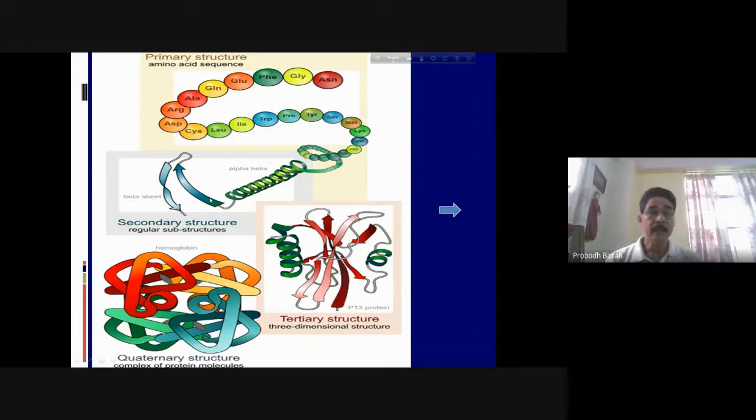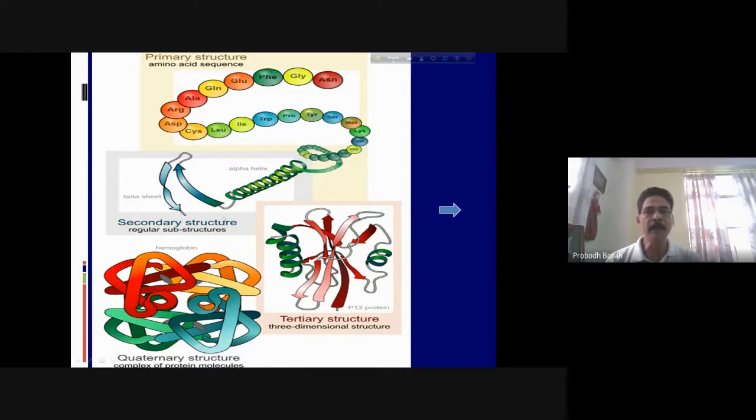Then secondary structure, when the amino acid chain undergoes some kind of folding, it starts developing structures of the secondary structure, beta sheets, alpha helices, coils and loops, and that constitutes the secondary structure.